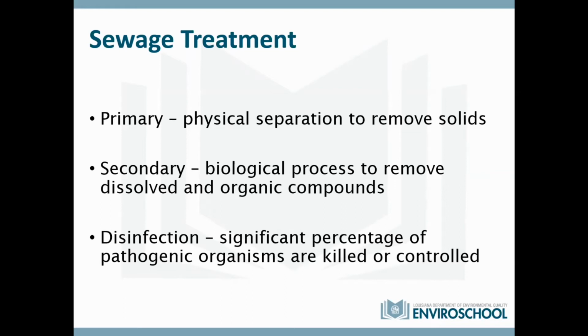Now we're talking about the bacteria actually eating up the pathogens and the compounds, and their waste turns into gas and liquid, and that's what breaks down the solids in whatever waste stream. And for us, we're talking about sewage. And then disinfection. That's basically killing all the pathogenic organisms, or a certain percentage of them, at the very end of whatever sewage treatment system you are using.